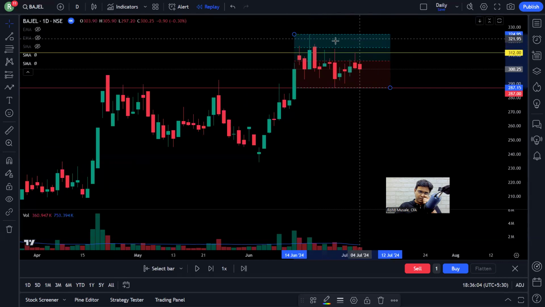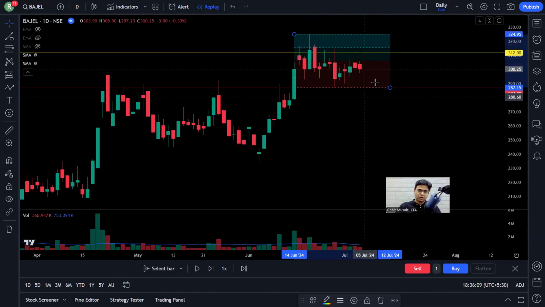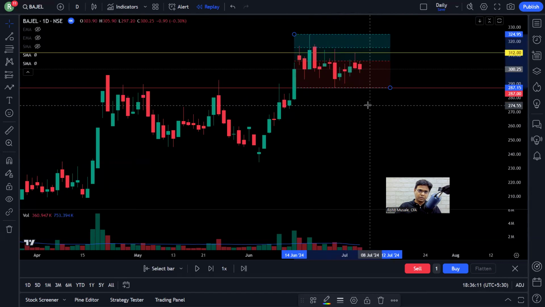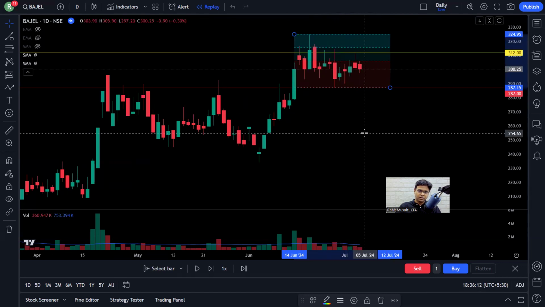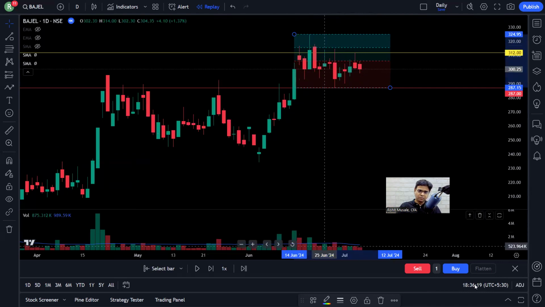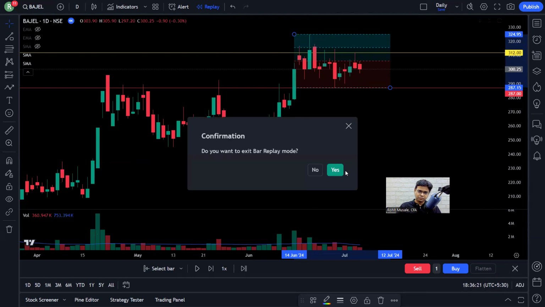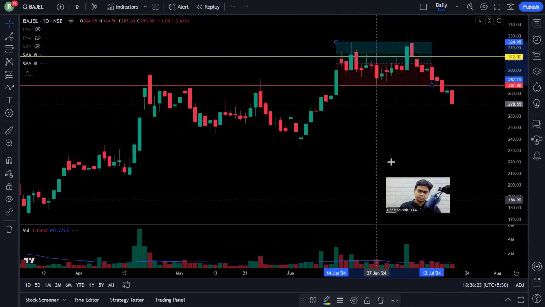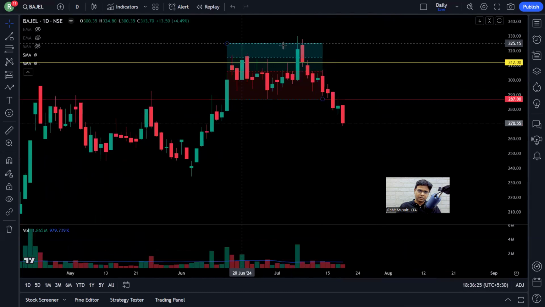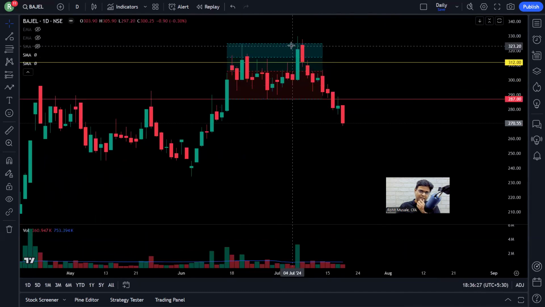If this consolidation would have happened inside the upper half, or inside the upper quarter, then probably I would have held it for a longer period of time. It would have come out of the base. See, this stock never came out of the base. See, that point one, it was never breached. Okay. No candle closed above that point one.